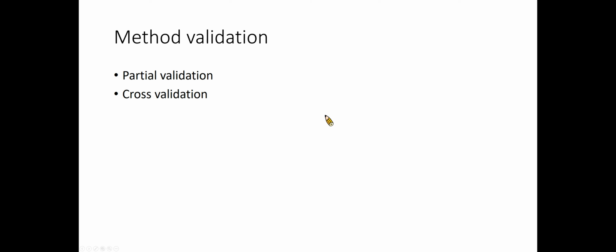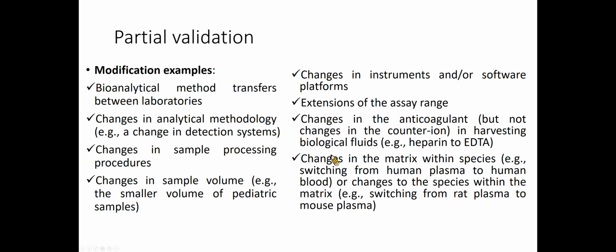Aside from the full validation, there are other types of method validation, including partial validation and cross-validation. Partial validation evaluates modifications of already validated bioanalytical methods. Partial validation can range from as little as one intra-assay accuracy and precision determination to a nearly full validation.